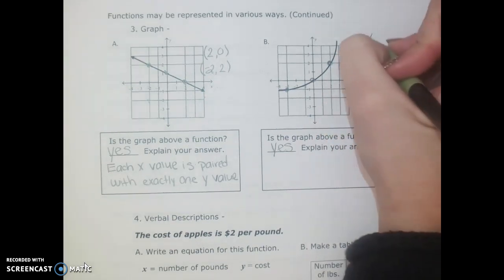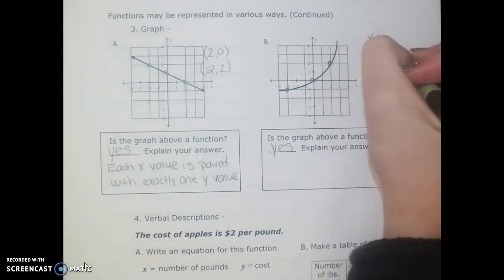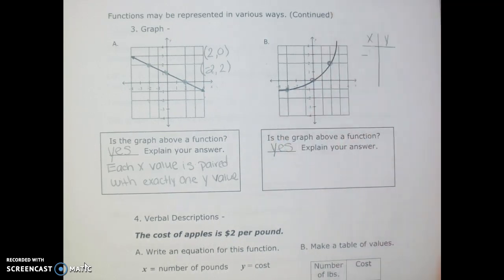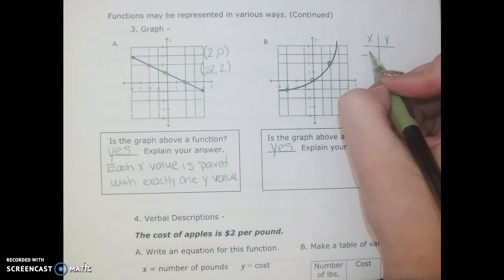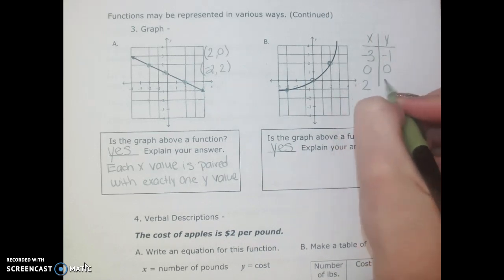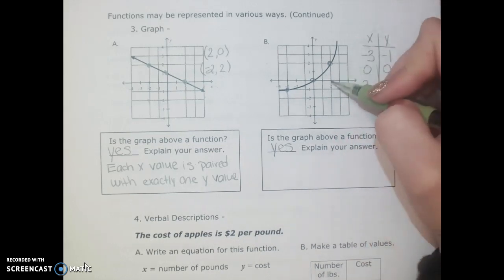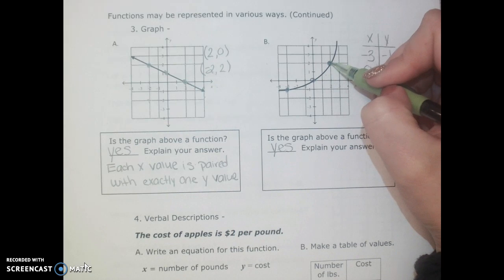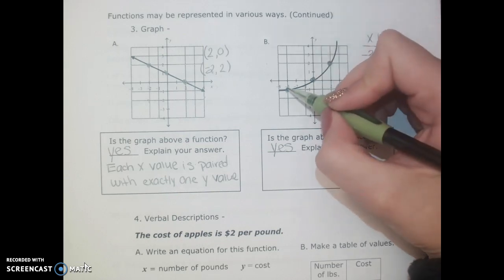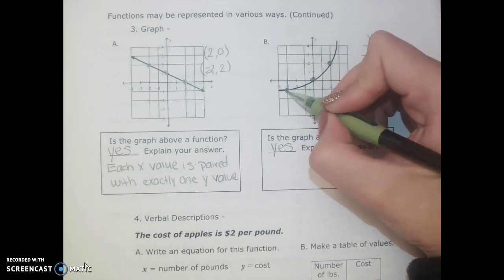So our x values and y values: -3, -1; 0, 0; 2, 2. So the only y value at 2 was positive 2. The only value when x was 0 was 0. The only value when x was negative 3 was negative 1.